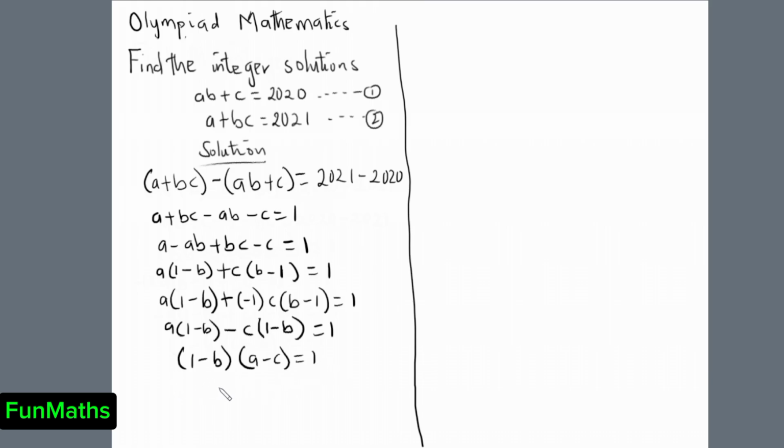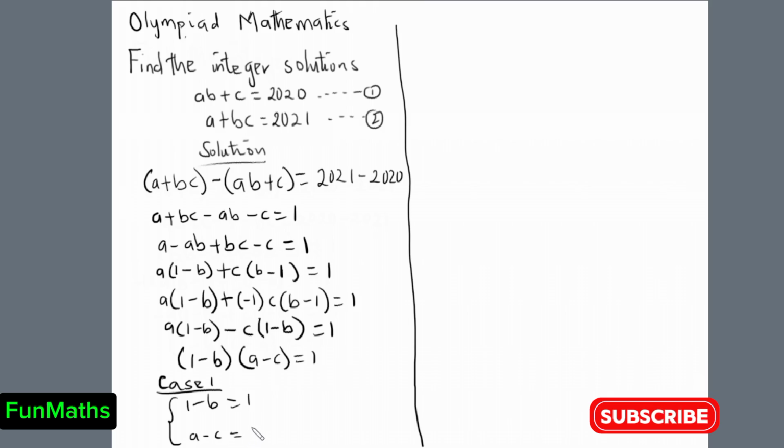We have 1 times 1 giving 1, and then we have minus 1 times minus 1 to give 1. I know 1 over 2 times 2 will still give 1, but 1 over 2 is not an integer. All right, so case 1, we have 2 cases where 1 minus B can be 1, and A minus C can also be 1, because when they multiply, they will give you 1.